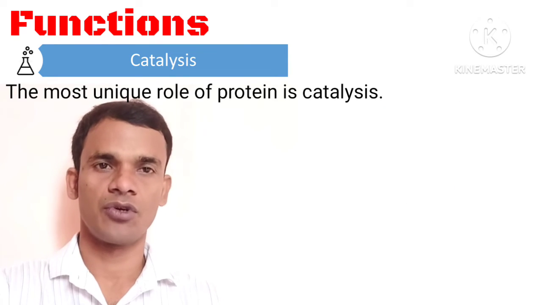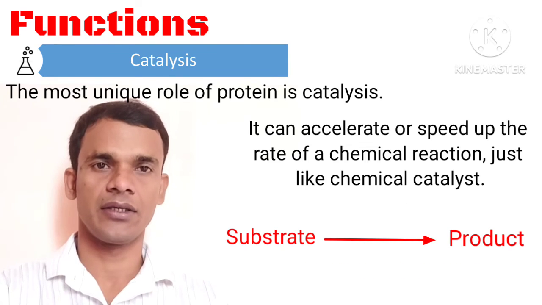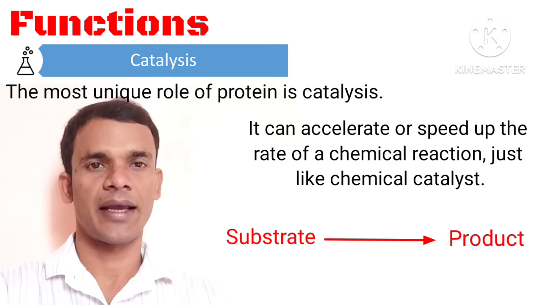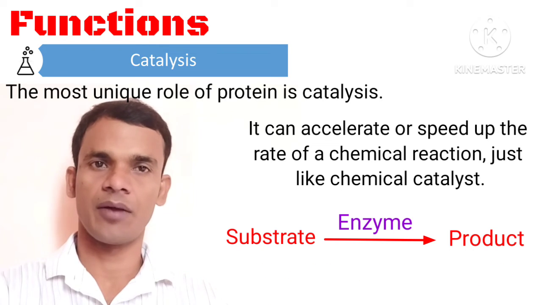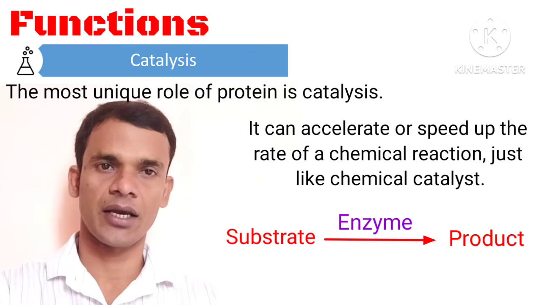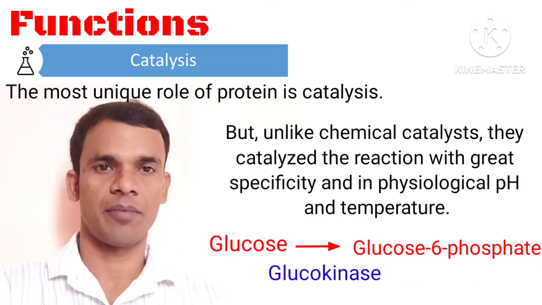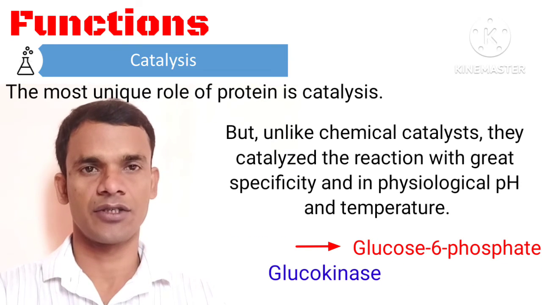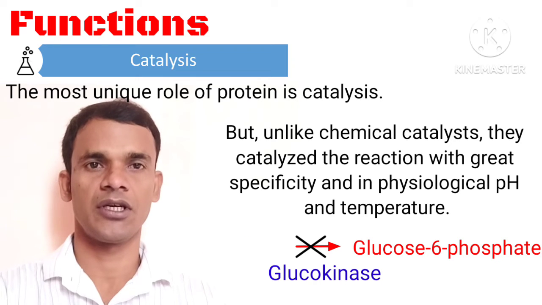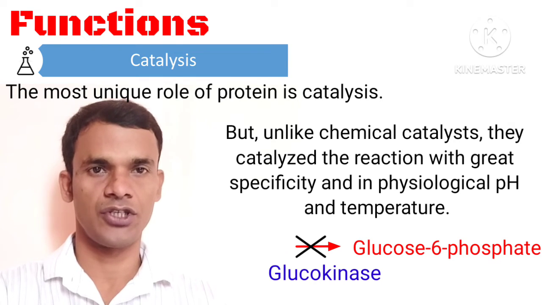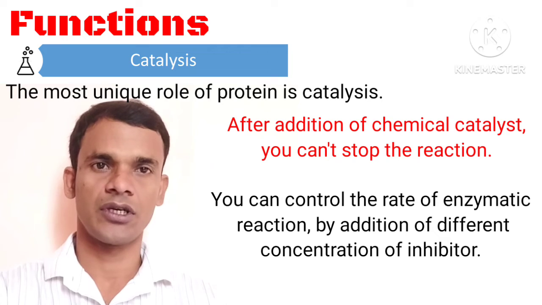The most unique role of protein is catalysis, which means it can accelerate or speed up the rate of a chemical reaction, just like a chemical catalyst. But unlike a chemical catalyst, they catalyze the reaction with great specificity and at physiological pH and temperature. The most interesting fact is that the rate can be controlled.